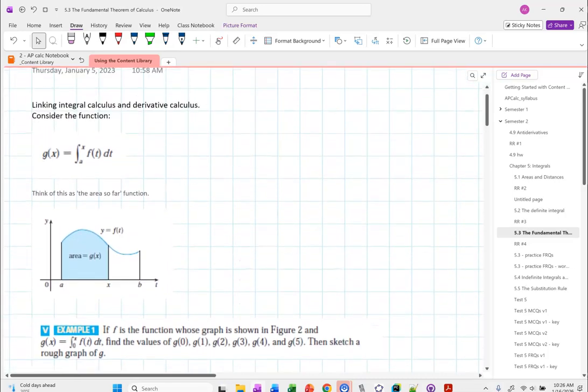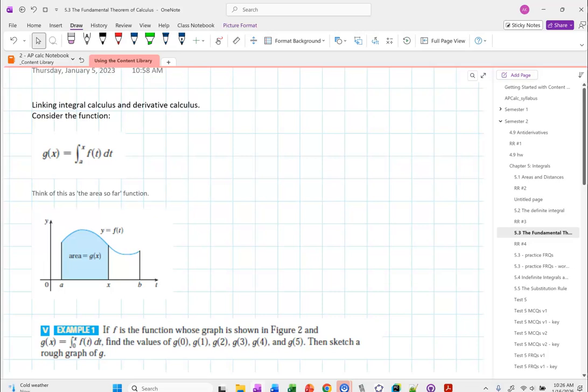So what I'm going to do is define a new function. I'm going to call this function g of x equals the integral from a to x of f of t dt. This is like the area under the curve so far function. Everybody okay with that idea?